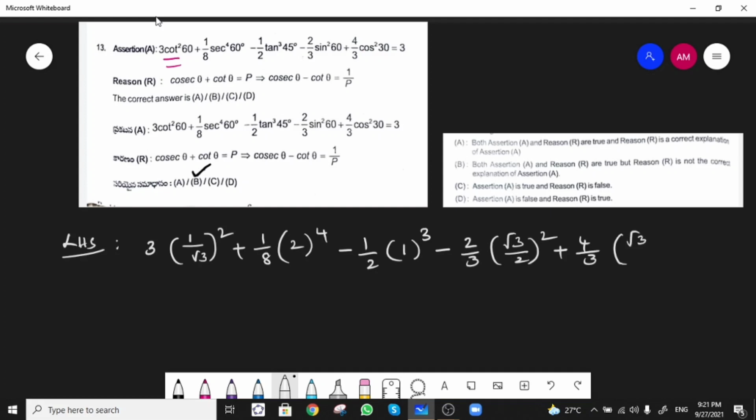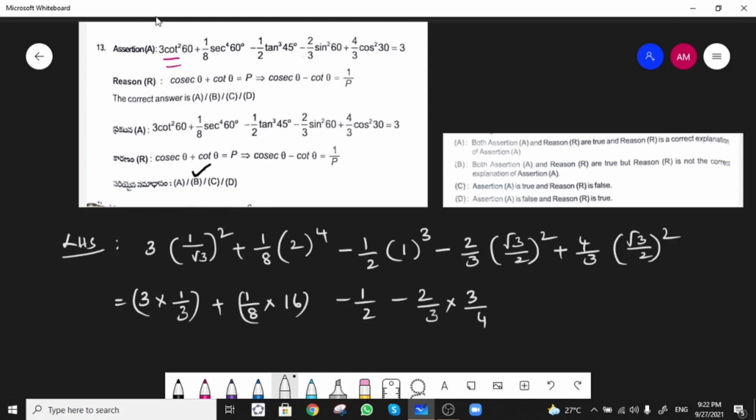Cos 30 is root 3 by 2 whole square. So that is equal to 3 into 1 by 3 plus 1 by 8 into 2 power 4. 2 power 4 is nothing but 16, minus 1 by 2 minus 2 by 3 into 3 by 4 plus 4 by 3 into 3 by 4.